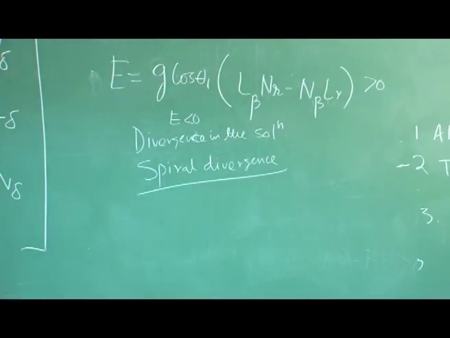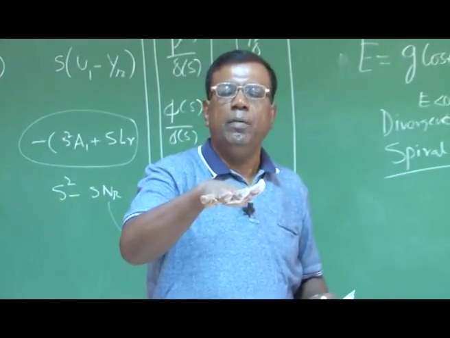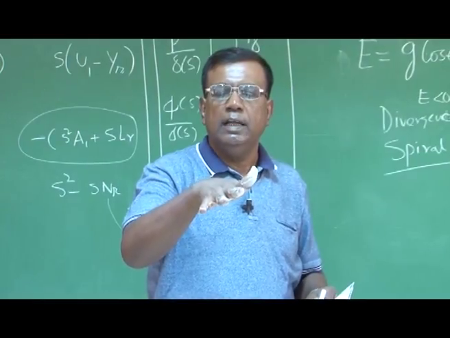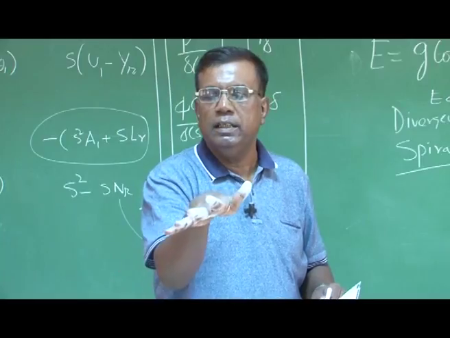And typically what happens in a spiral divergence, if this is the airplane, because of a bank disturbance, the airplane starts side slipping. As it side slips, beta is introduced, and it turns like this.